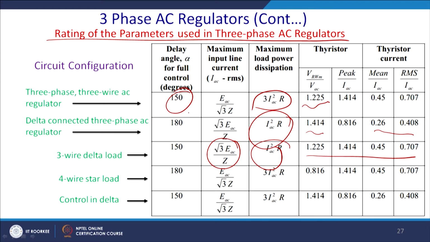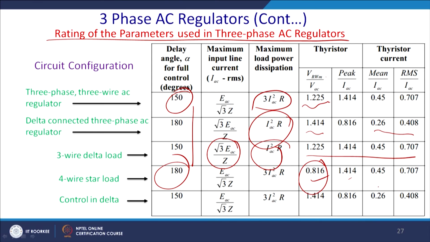So, these are essentially same values, and for 3 phase 3 wire load for 180 degree you can see that the maximum input current is the same, but here this ratio is reduced. So, you have an advantage, but the peak current ratio will be the same as is higher.